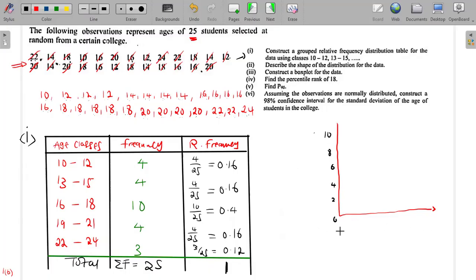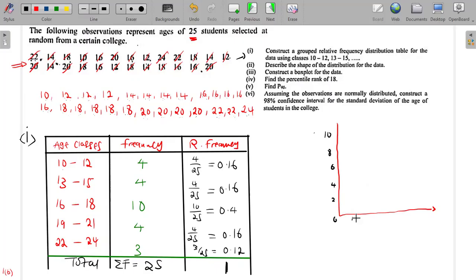And then here on the classes, the lowest was 10, and then it went to 14. So I'm just going to come up with a rough one, not an accurate one. Unless the question asks you to draw the histogram, then you have to make it continuous by finding the boundaries and the like.